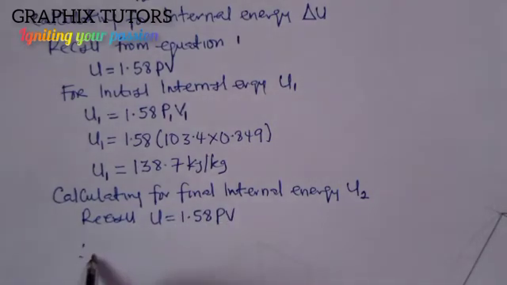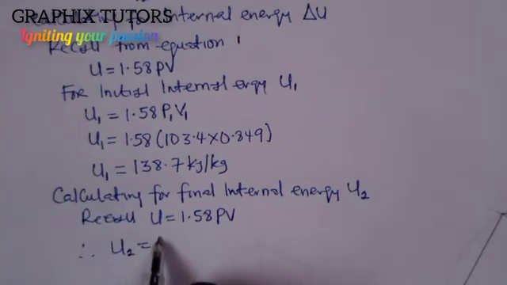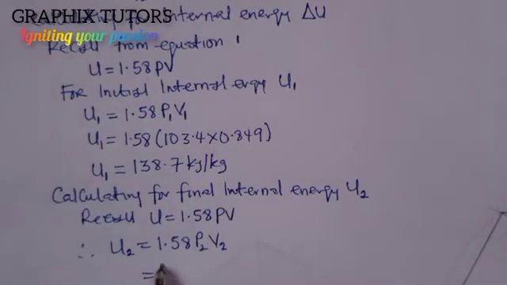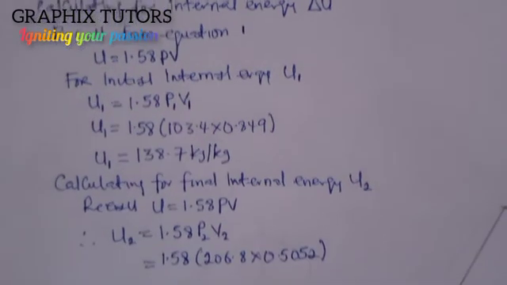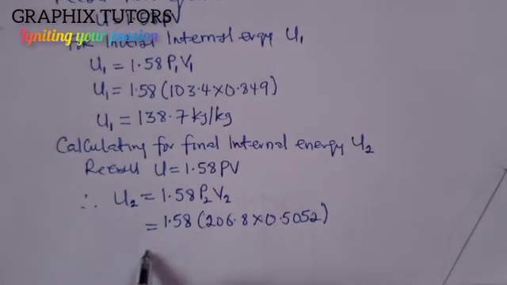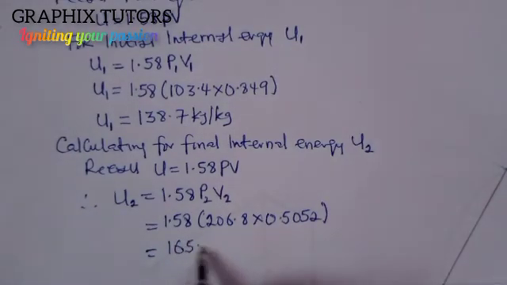So therefore, my U2 will be equal to 1.58 P2 V2. The P2 here is 206.8 multiplied by V2, which is 0.5052. So we multiply everything together, and we get 165.07 kilojoule per kilogram. Is that okay?